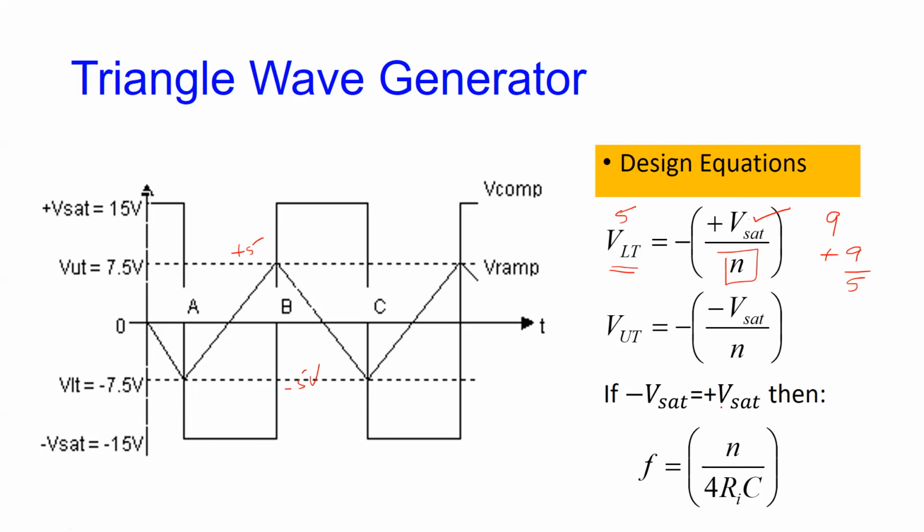So once I know N, I can calculate the frequency of the triangular waveform. If I want, let's say, 100 kilohertz, N is 9 over 5, I choose R to be, let's say, 1 megohm, and I calculate the capacitor value.